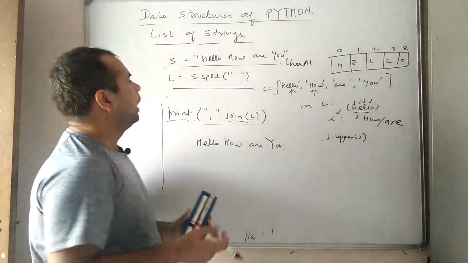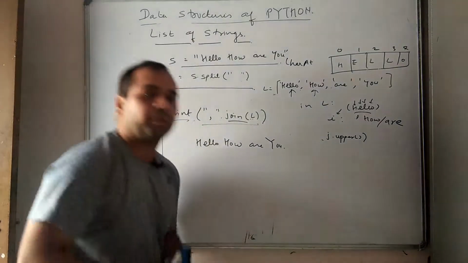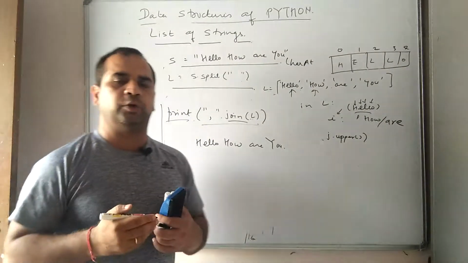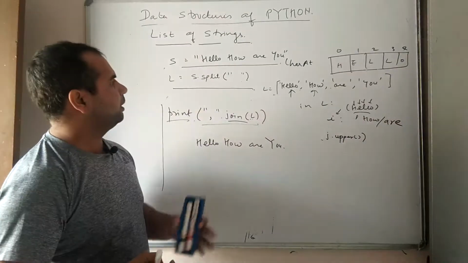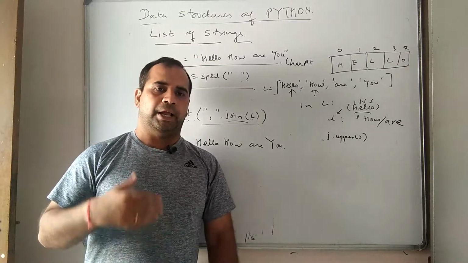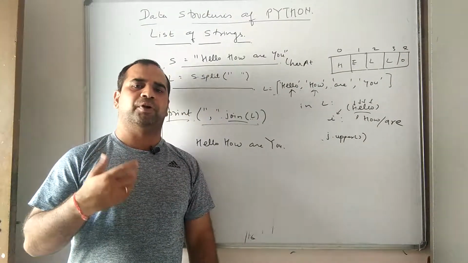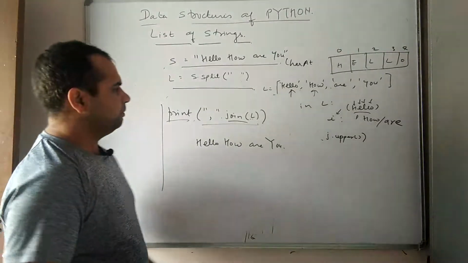So join is used to join those separated list of strings, and split is used to split a particular string into a list of strings, right? So these are two important functions which are used extensively in strings when we work on them and manipulate them. Slicing can be used too.